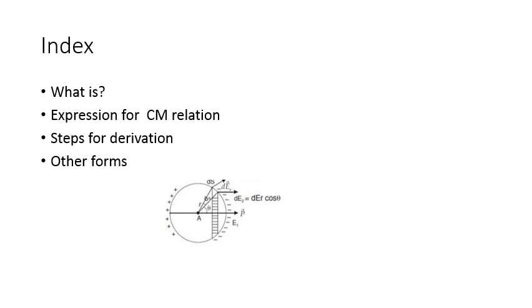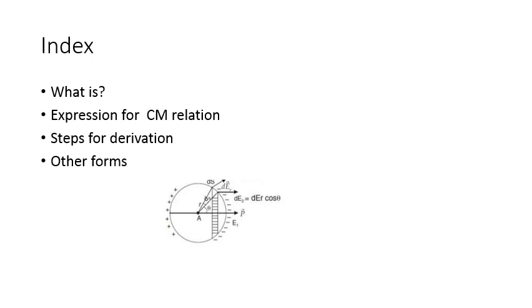In this chapter, we will learn what the electric field in dielectrics is, and the CM relation, the Clausius-Mosotti relation. We will study the expression for the CM relation and the steps for obtaining it, the mathematical expression of this relation.